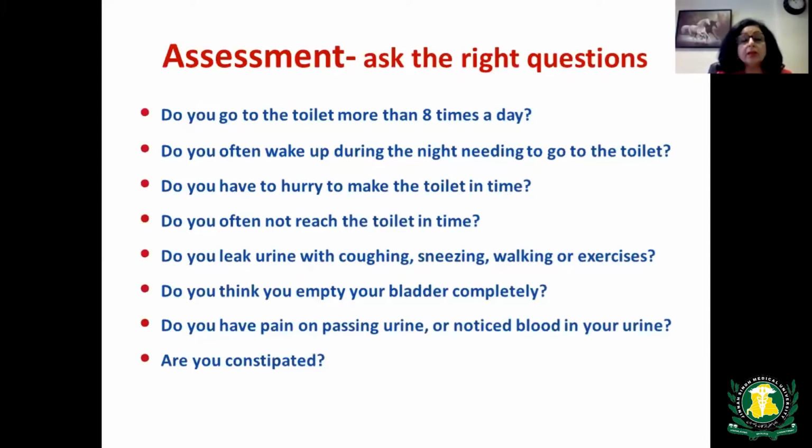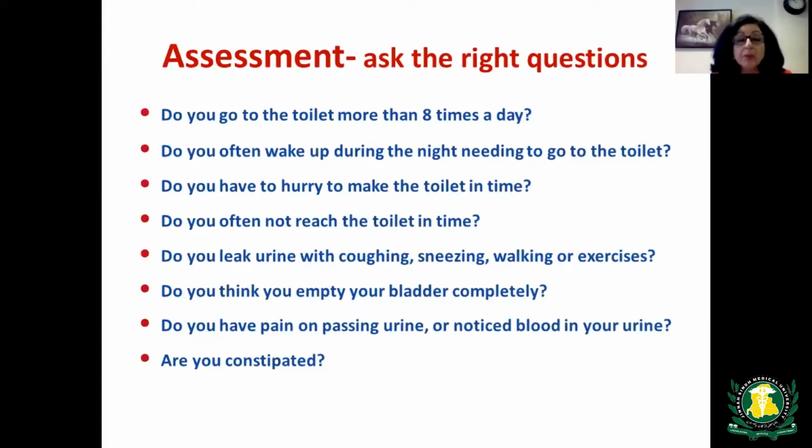And then ask about the number of times they wake up during the night to empty the bladder. Or do they have to rush to the toilet in order to avoid leakage, and how many times are they unable to achieve that? What is the number of accidents that may happen during the day or night?